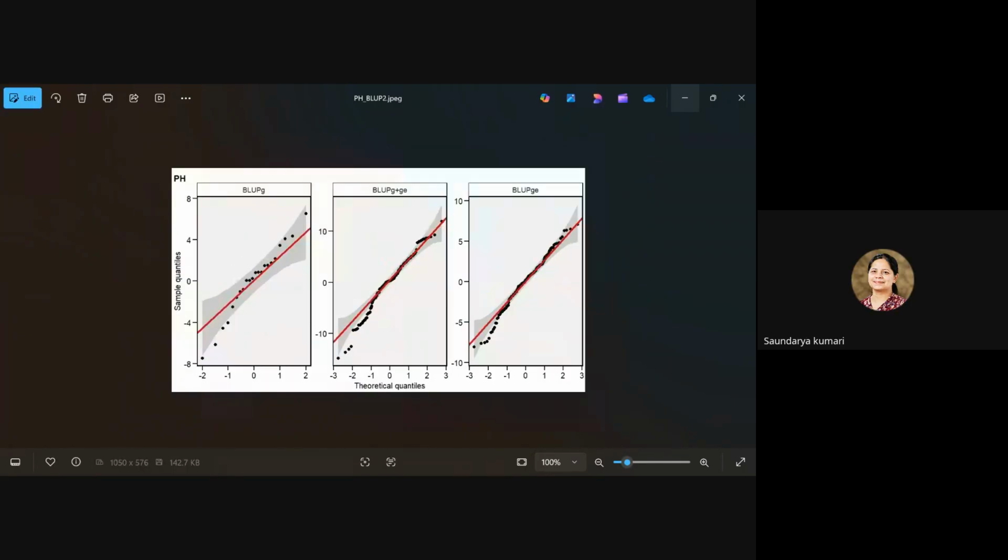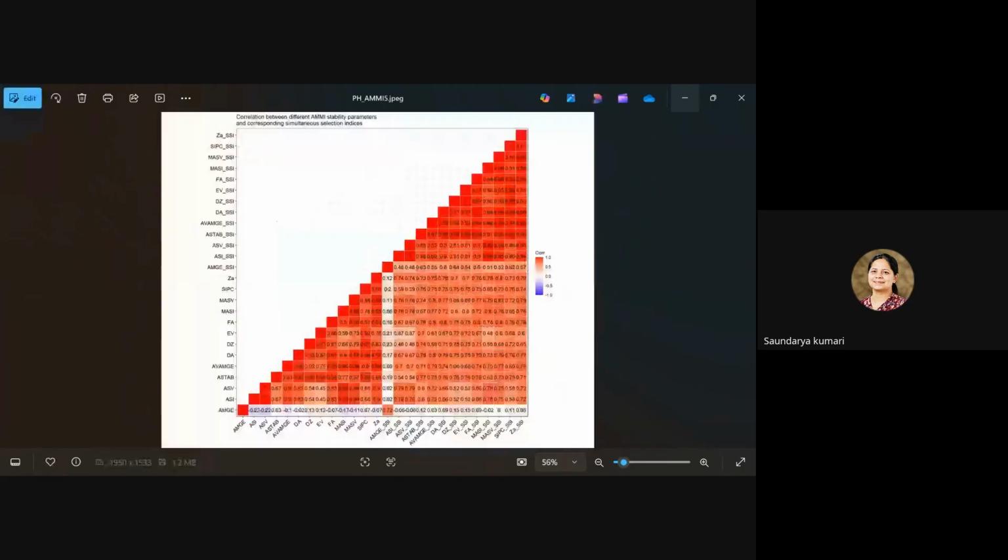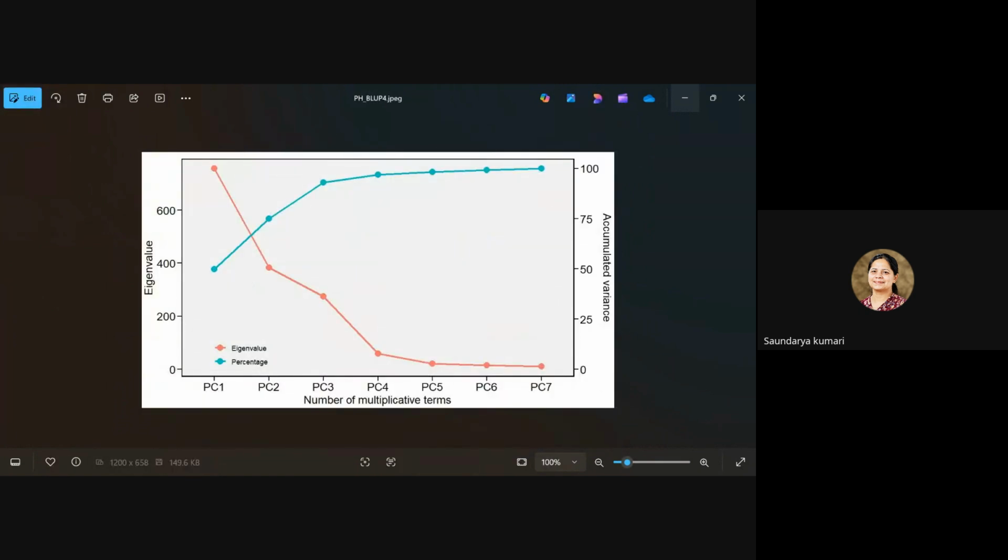Excuse me, sir. I have one question regarding augmented analysis. In augmented analysis, we have two kinds of data: one is yield, and the other is qualitative data. For yield, I know the dependent trait is yield and other traits contribute.